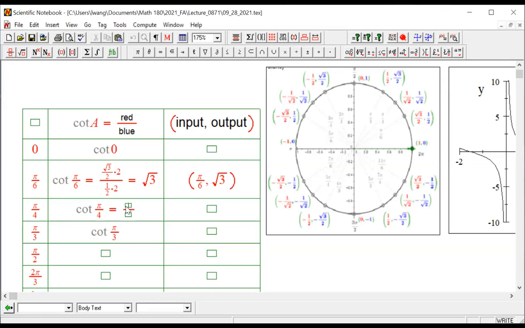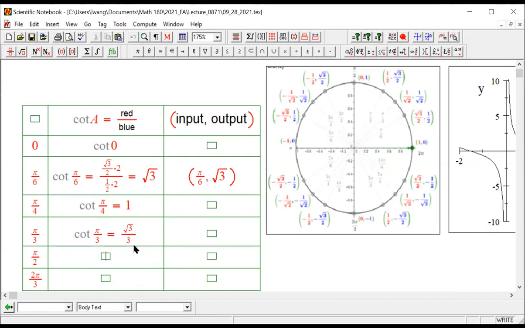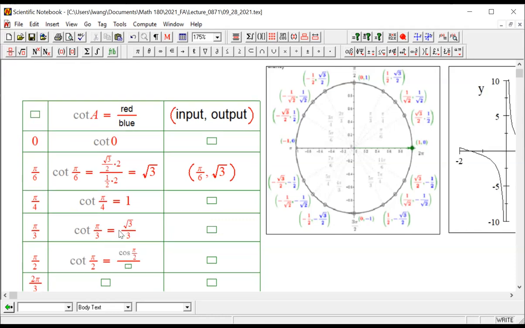All right, but anyway, so this equals 1, right? How about this guy? Equals √3/3. Yeah. How about cotangent pi over 2? Cotangent pi over 2 equals cosine pi over 2 divided by sine pi over 2, right?